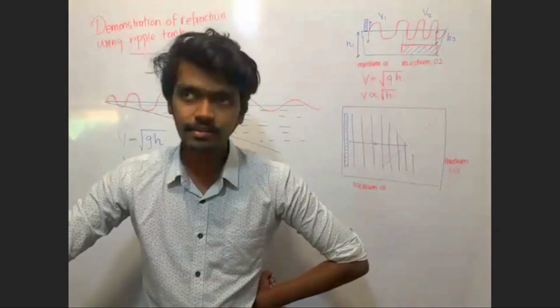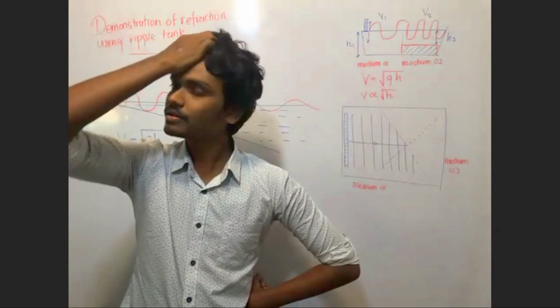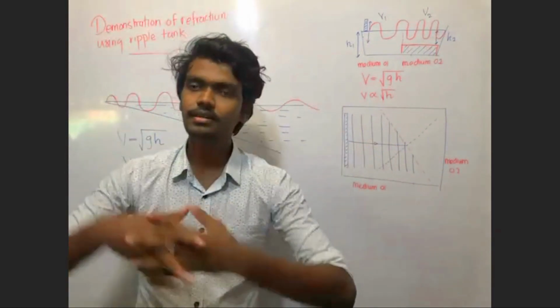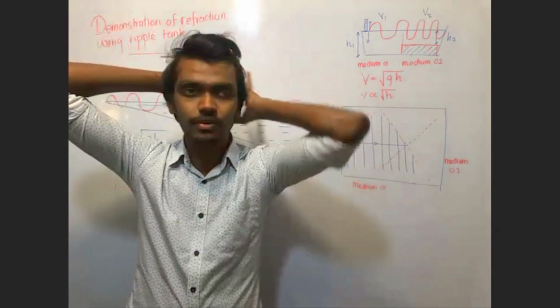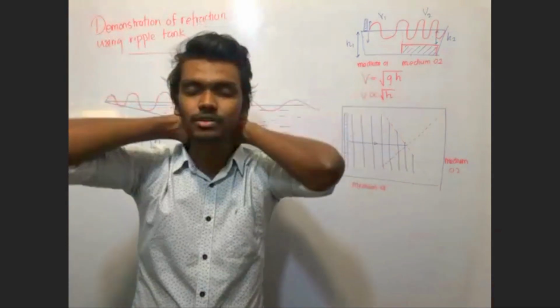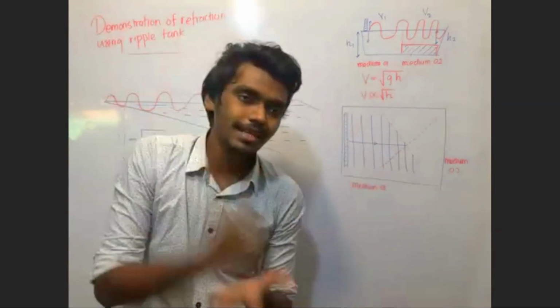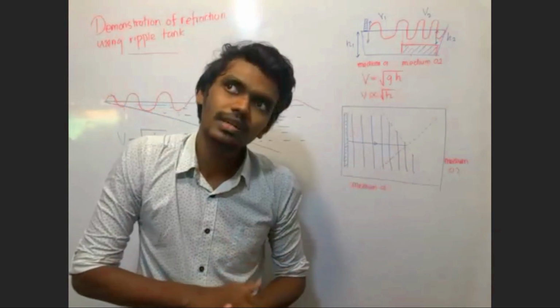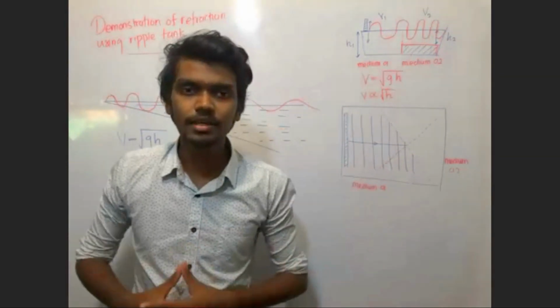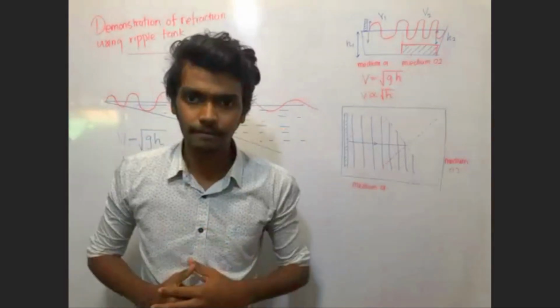Water wave is a transverse wave, right? So when you consider transverse waves, when it moves from a rare medium to a denser medium, its velocity decreases.